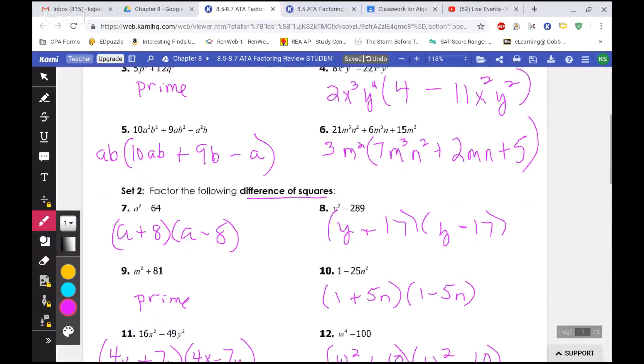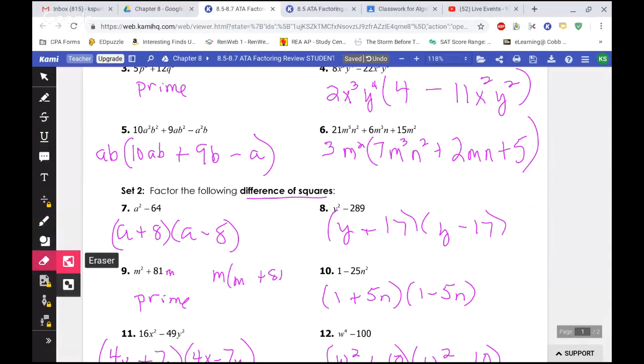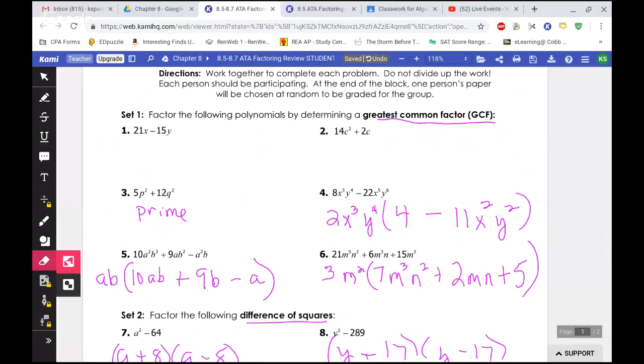Or even if there would have been an m here, you could have at least factored out an m. Yeah, that makes sense. Okay. So when there's no matching letters and no prime numbers that will go into all of the terms, then it's prime.